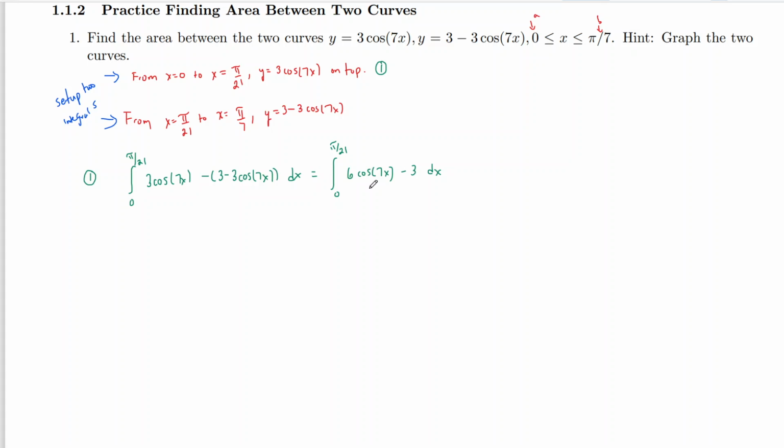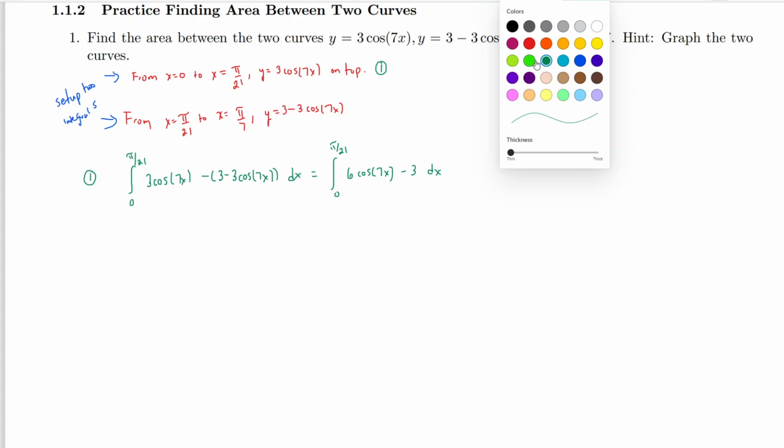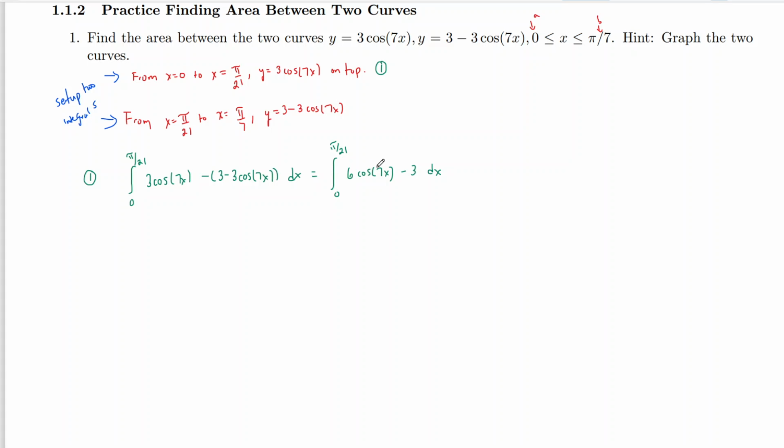One thing you might notice here is that we do have to do some type of substitution method because this inside isn't just x. And one thing that you'll notice very quickly is when you have a trig function or an e or anything with just a number times x in it, the same pattern is always going to happen. I'm going to go through and do this one. And then when we do the second one, we'll go ahead and do that shortcut.